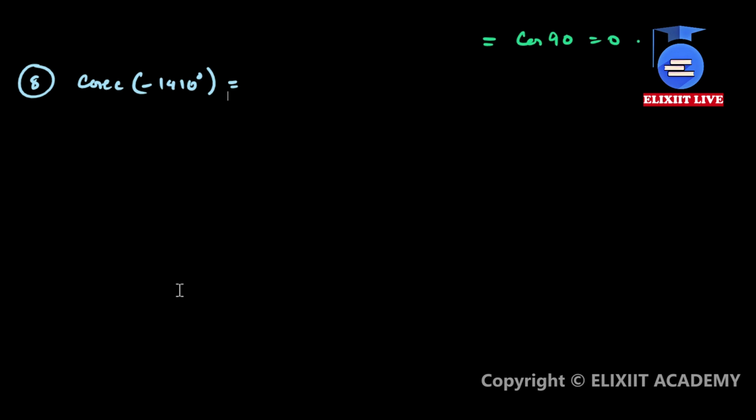First of all, we have cosec. Cosec changes sign. Cosec minus theta is minus cosec theta. So you may use that, or you may keep the minus sign and then work out. It's up to you.